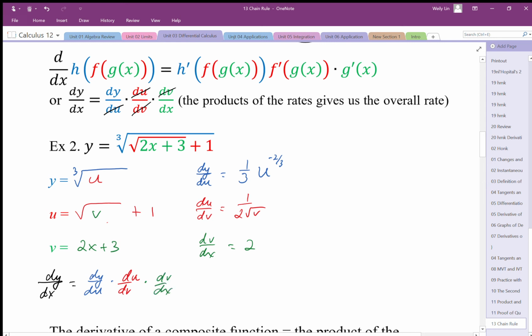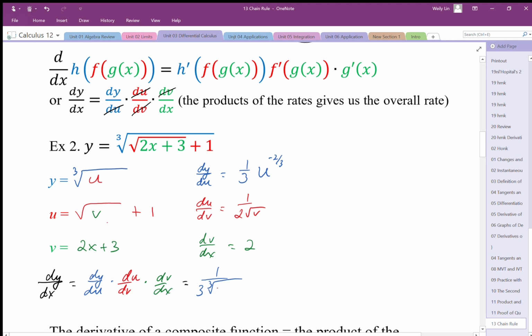Okay, so then what that looks like is this. I'm going to multiply the outside function, 1/3, and I'm just going to write it like this: 1/3 cube root of u squared. Well, u really is the square root function, so I'm going to replace that back in.